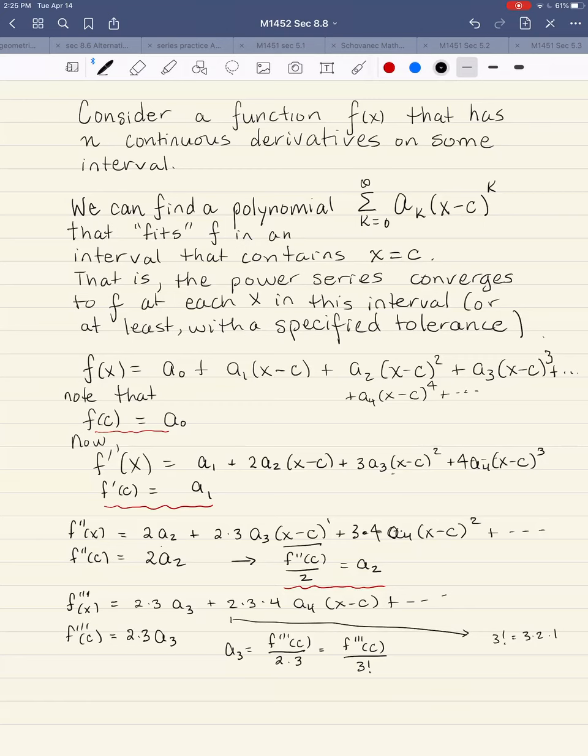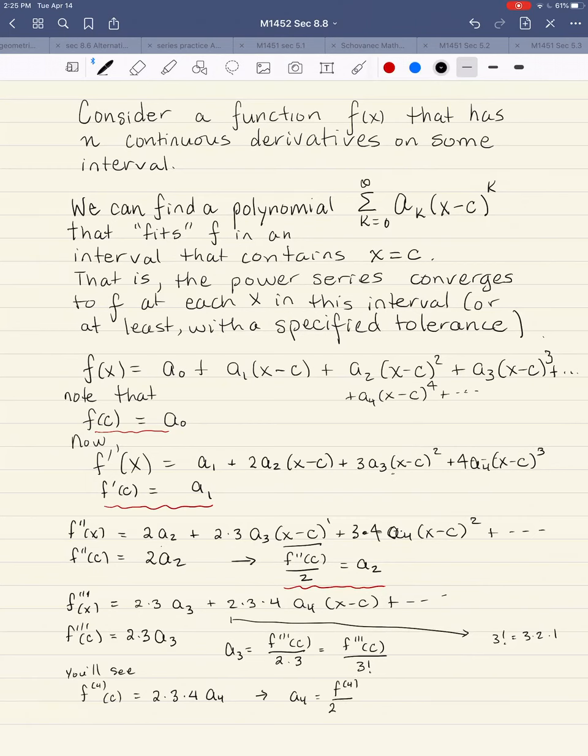The fourth derivative at c is going to give us 2 times 3 times 4 times a4.